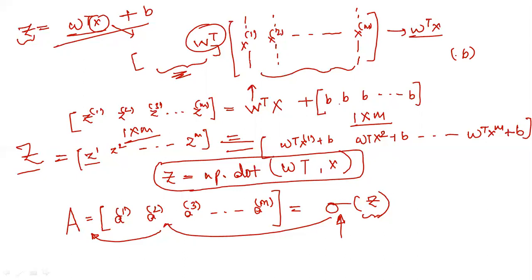So this is a very mysterious operation that Python performs by itself in the backend. And this operation is known as broadcasting in Python, and this is a very useful concept.